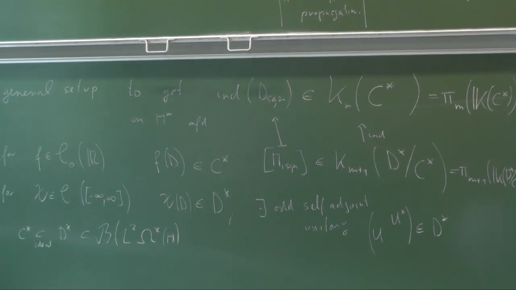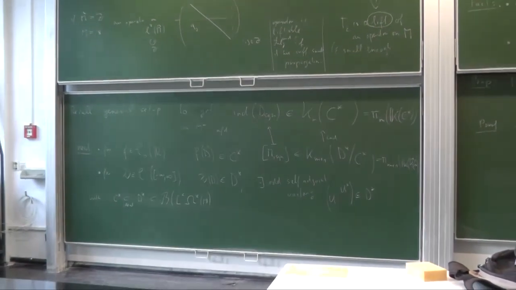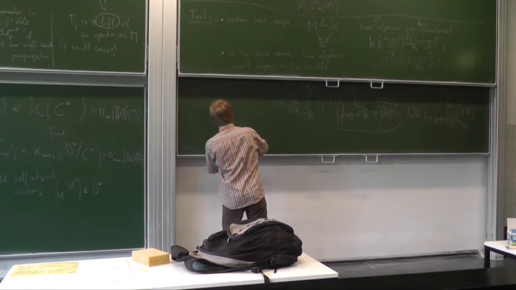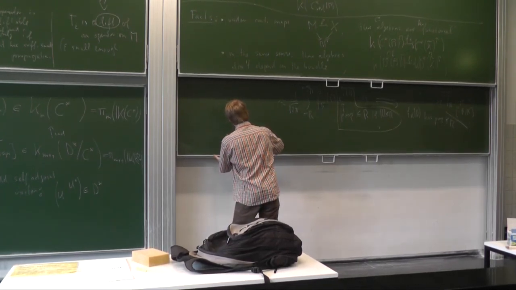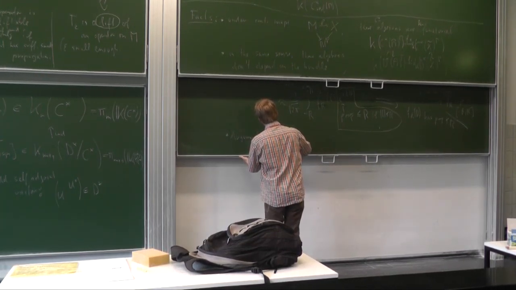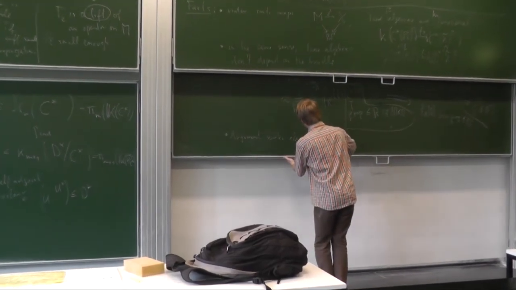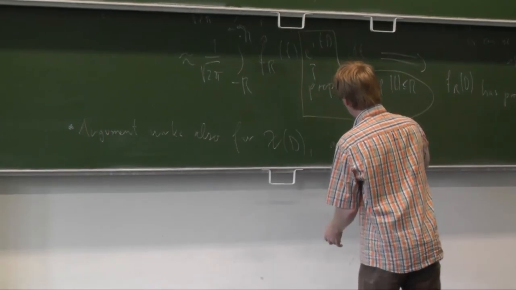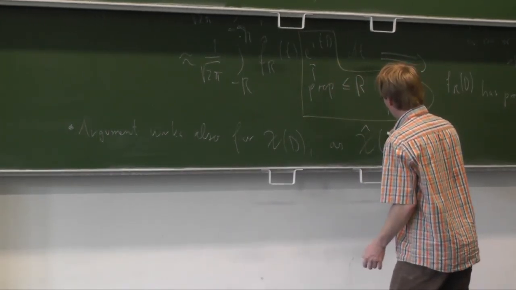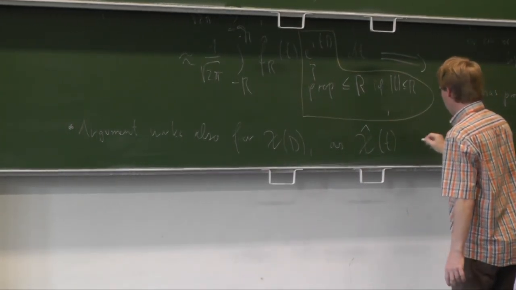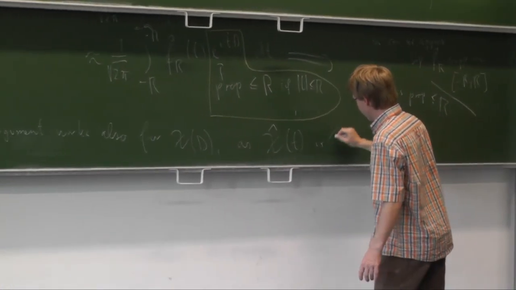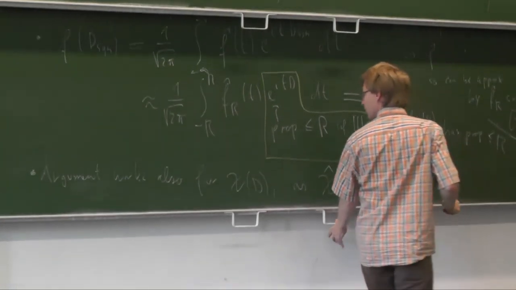Maybe before doing that, let me just make the argument work also for chi of t, as chi hat t is, well, what was my principle?